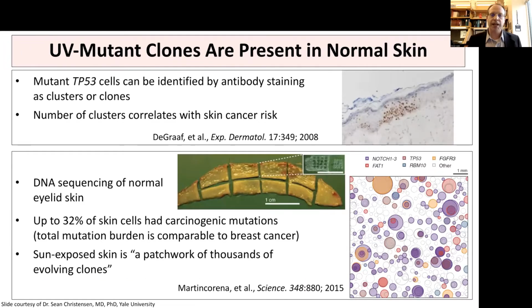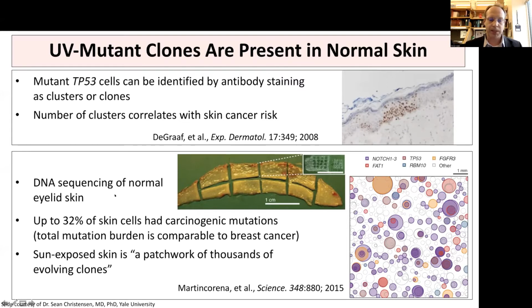To understand more about what's happening with this photodamage, here are a couple of studies indicating that this photodamage contains UV mutant clones. In the top study, mutant P53 cells were identified by antibody staining, and they were found to form clusters, these clone clusters. On the right, this is shown in brown in the histologic image. This study found that the number of these P53 clusters correlated with skin cancer risk.